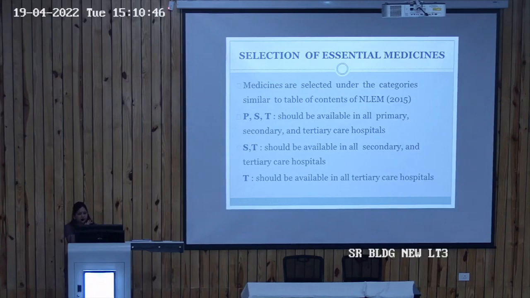Now, जब आप ये list खोलोगे, there you will see that again in this the drugs, their strength, their dosage, their frequency, all this is being given. With that, it is mentioned where it should be available. ठीक है, primary, secondary or tertiary care level, health care level. So where it should be available, that is also you will see in the list.